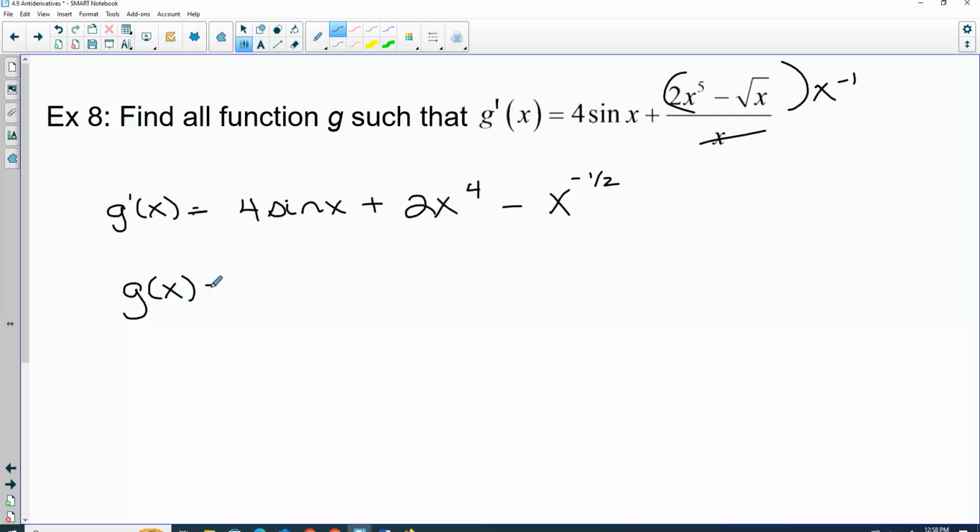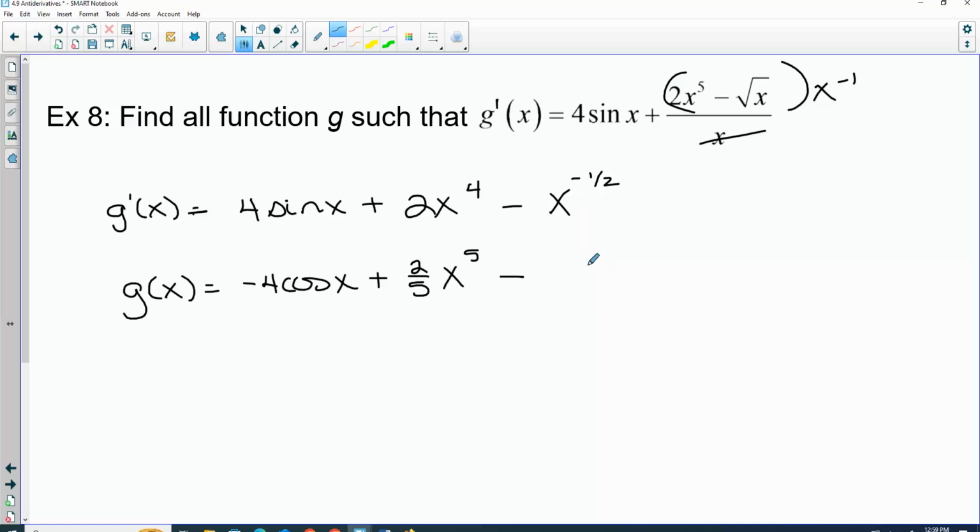So then the antiderivative. What has a derivative of sine? And the 4 would just stay. Can I just go ahead and write it as negative 4 cosine x? What is the negative 4? Because the derivative of cosine is negative sine. So you need a negative to cancel it. Alright, so here, if you add 1 to the power, it becomes 5. So you need a 1/5 in front times my 2. Can I go ahead and put 2/5? Okay.